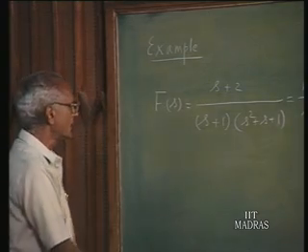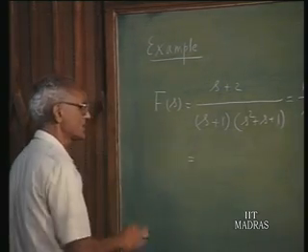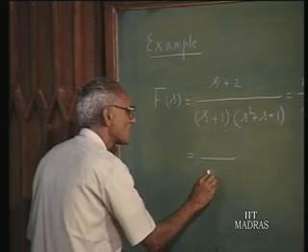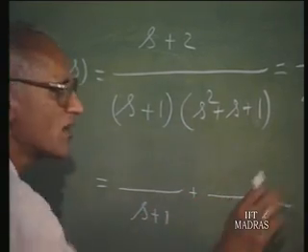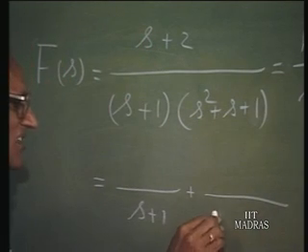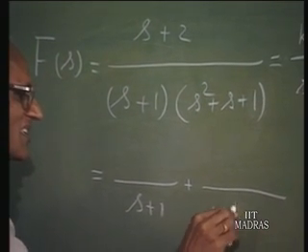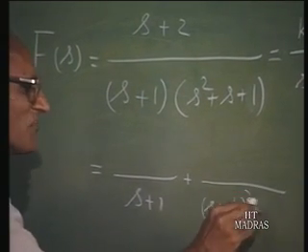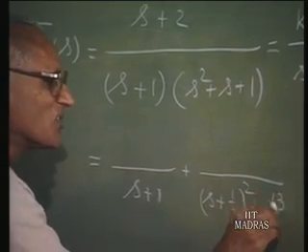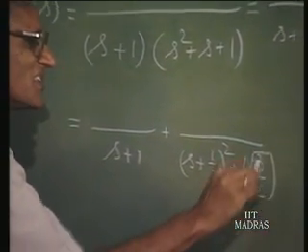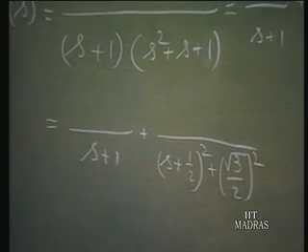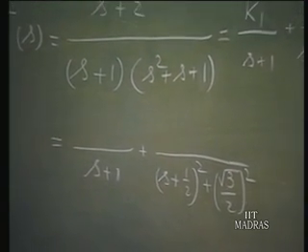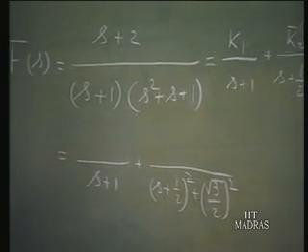So let us write this partial fraction expansion as 1 over s plus 1 corresponding to K1, and the second term would be the combination of these 2. It turns out that will be over s plus half whole squared plus root 3 upon 2 whole squared. If we can express this quadratic factor in this form, it will be convenient because we can associate this with a well known time function, as we will see as we go along.